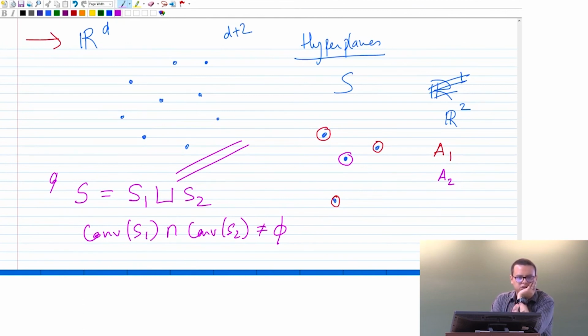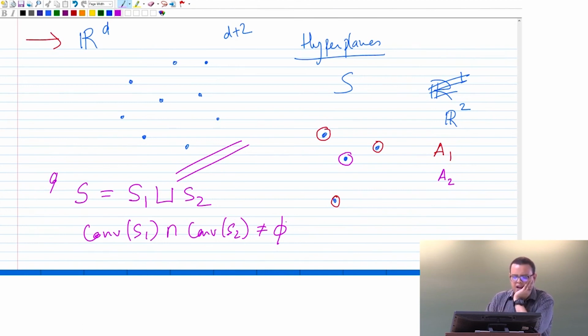There are ways to compute this, but for the time being I know it exists. What he is asking is how to compute this partition S1, S2. That is what Radon's theorem says, no? Any set, the size has to be D+2. Their convex hulls are intersecting.